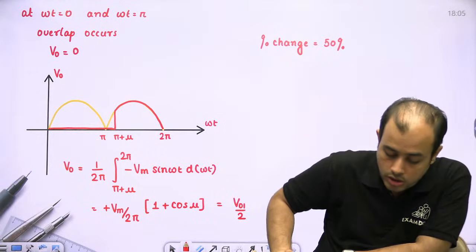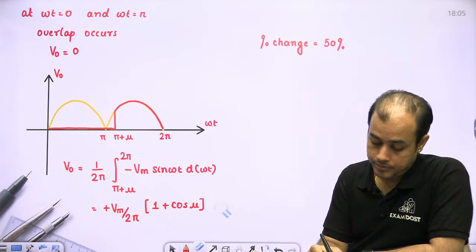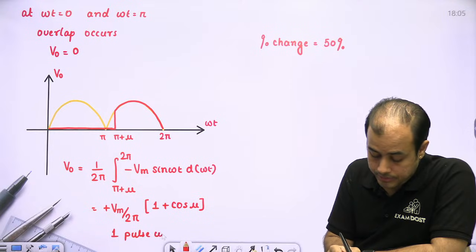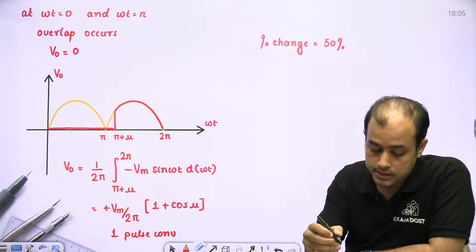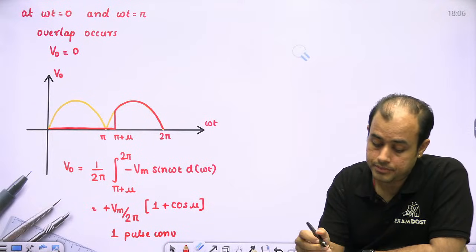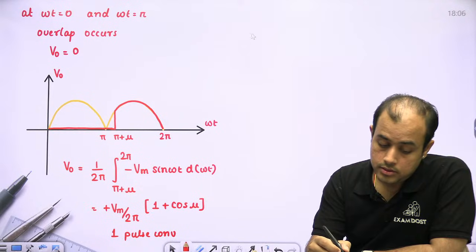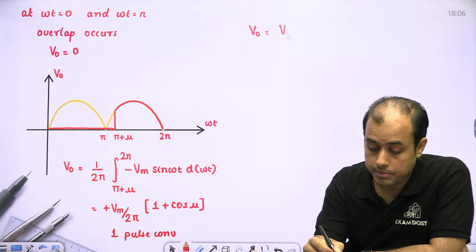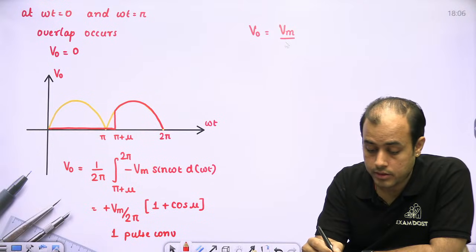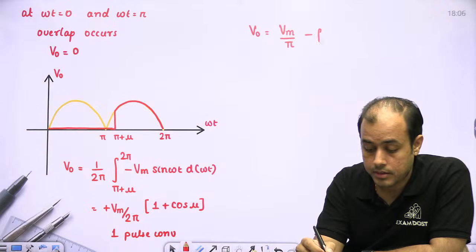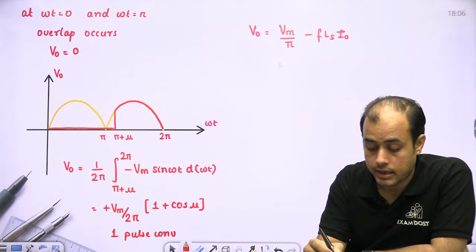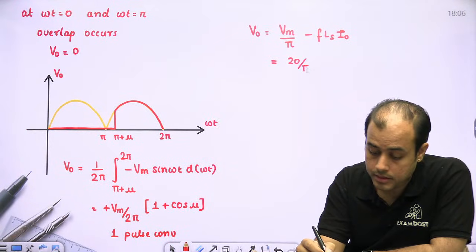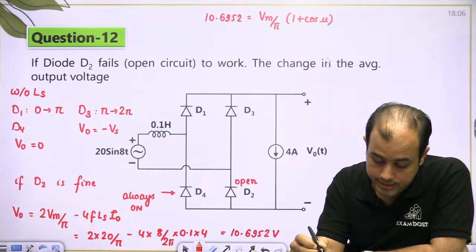अच्छा, यहाँ पे ना एक चीज और है. So this will become a 1-pulse converter. अगर ये 1-pulse converter की तरह बिहेव कर रहा है बेटा, तो what you can say, V naught is Vm by 2 pi या फिर Vm by pi minus FLS I naught. So Vm by pi will be 20 by pi minus F is 8 upon 2 pi.